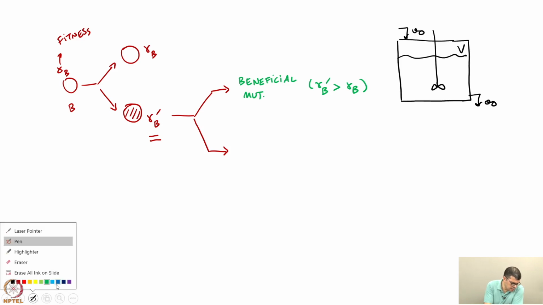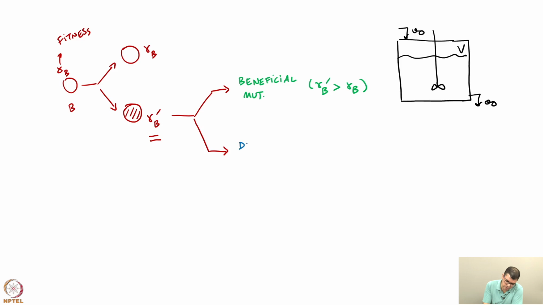As against this, we could also have deleterious mutations, where RB dash is less than RB. This would be a result where the mutation has resulted in something not working as well as it was working in the parent, and as a result this progeny is growing even slower as compared to the parent that it came from.